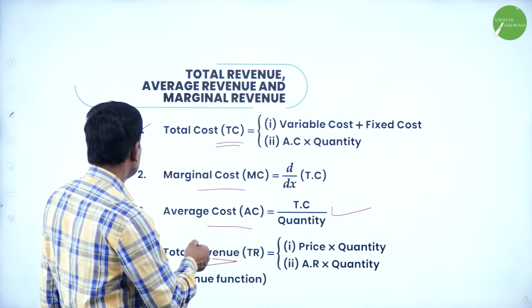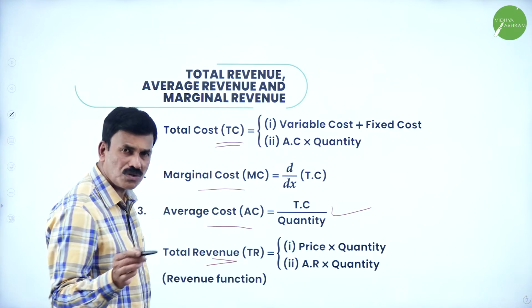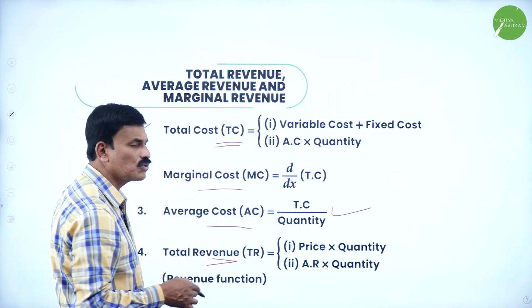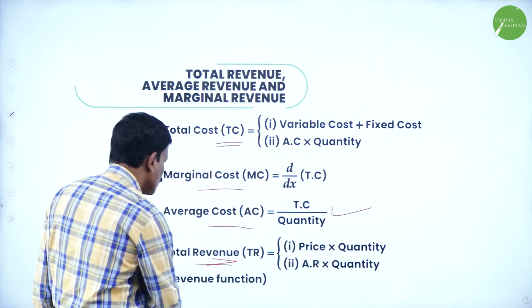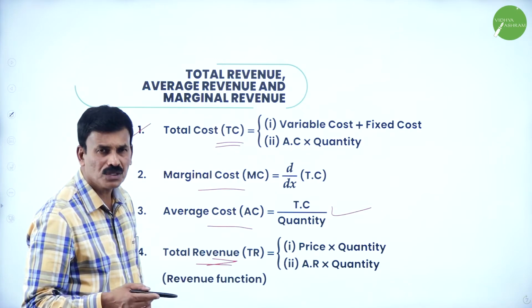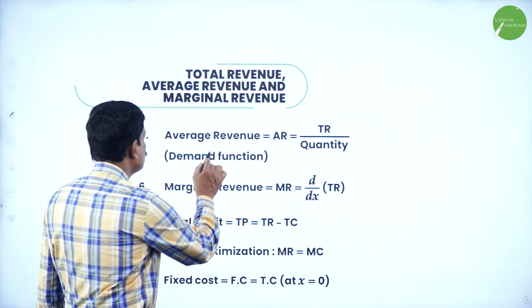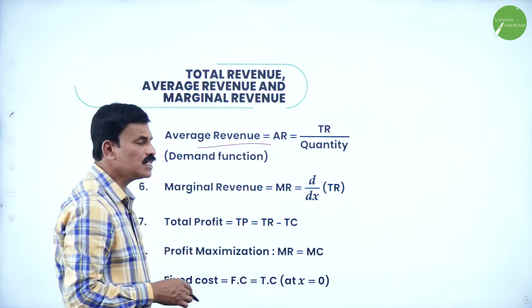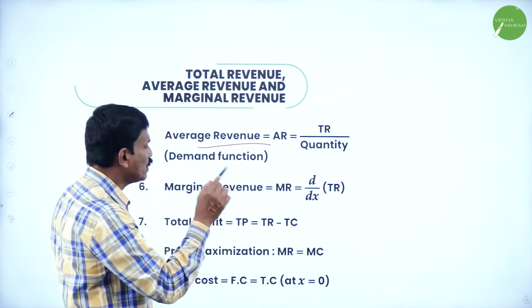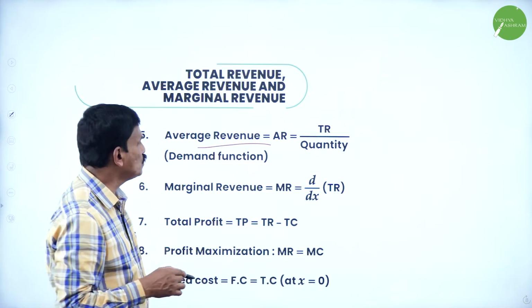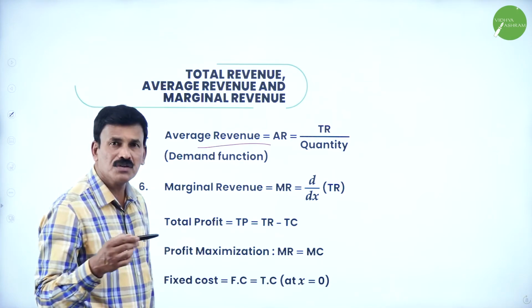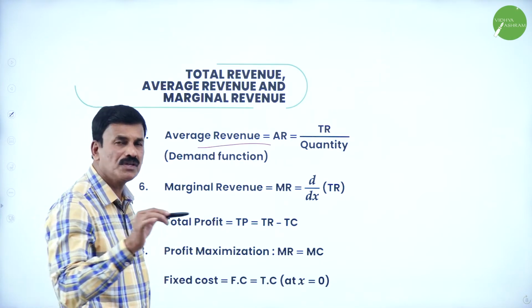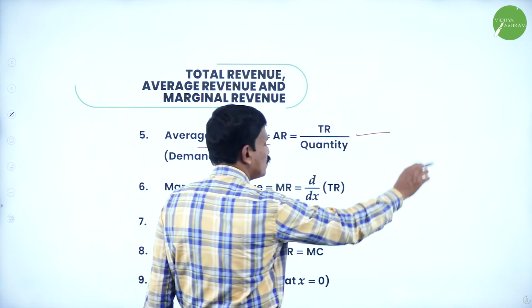Average revenue into quantity or price into quantity will give the value of the total revenue or revenue function. Similarly, average revenue can be calculated by dividing the total revenue by the quantity. So average revenue is equal to TR divided by quantity.